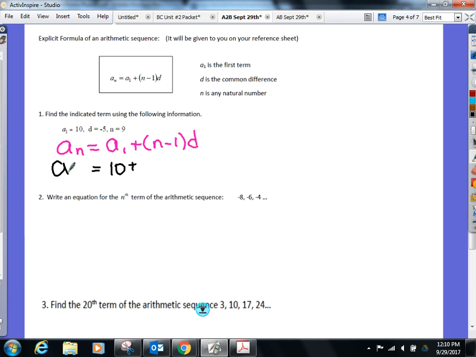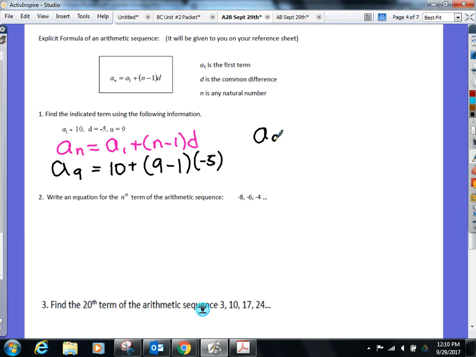So ready? Actually, what am I asking you to do? Find which term? 9th term, yeah. Plus, what did I just plug in for n? 9. So whatever I plugged in for n here, I'm going to plug in here. 9 minus 1. And my common difference was times -5. Make sure it's not -5, times -5. Can you guys handle that? Go ahead. Let me know what you end up getting.